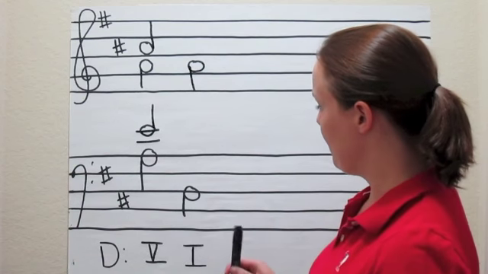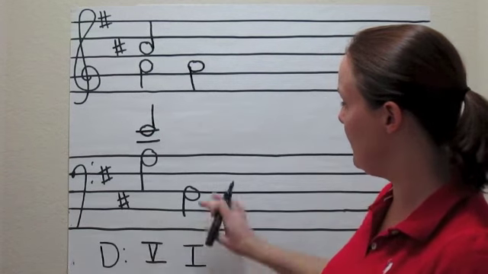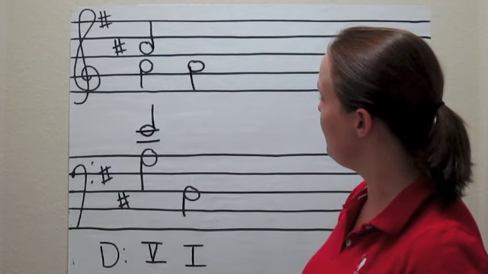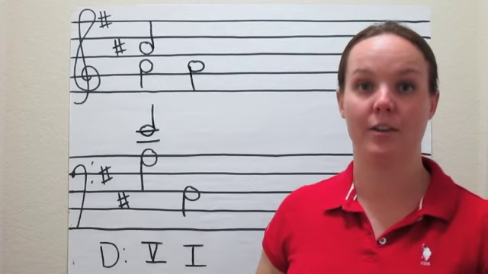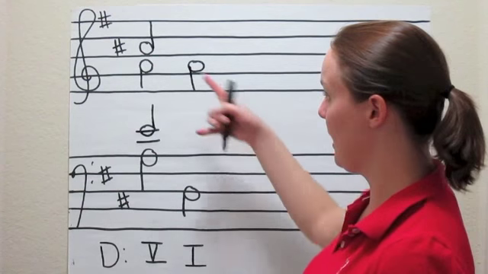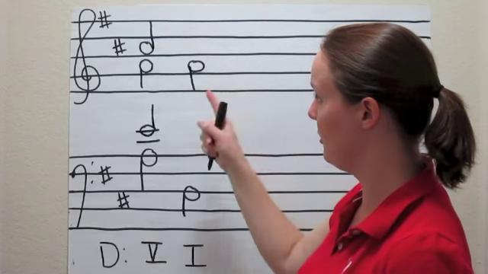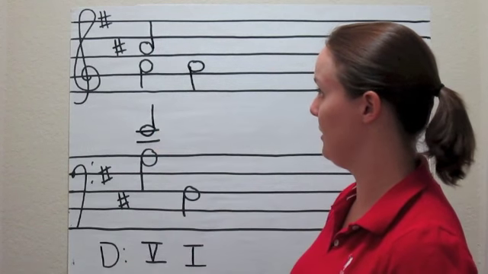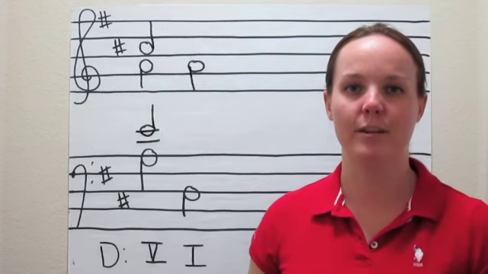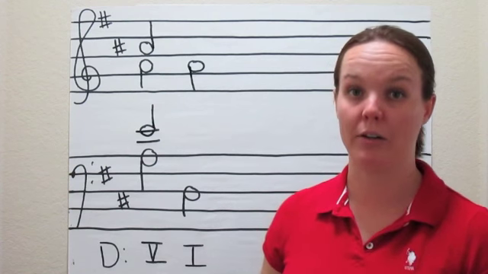Let's see. In our 1 chord, we have a D and an A already, which means we're missing an F and another D. So what I need to look at is where my soprano note is and where my tenor note is, and figure out how I can make them move in a stepwise parallel direction.